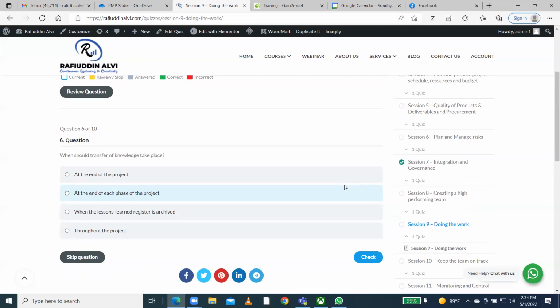When should transfer of knowledge take place? At the end of the project, at the end of each phase of the project, or when the lessons learned are applied toward the project? Actually, at the end of each phase. Because, for example, you started on a project and find out in the initiation phase that the resources you need are not sufficient.